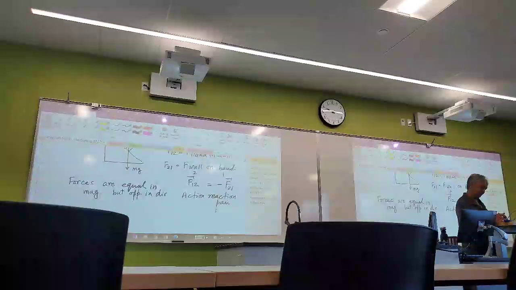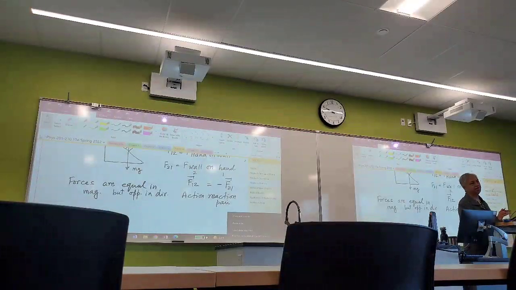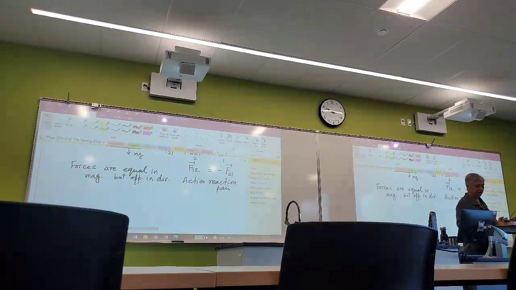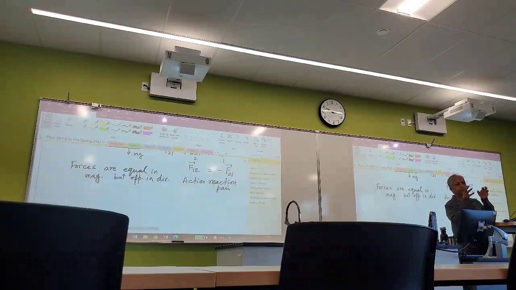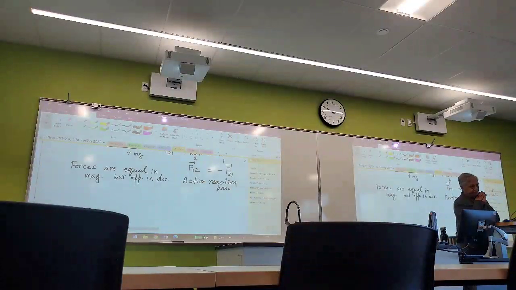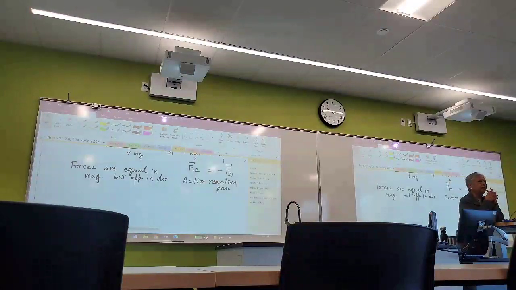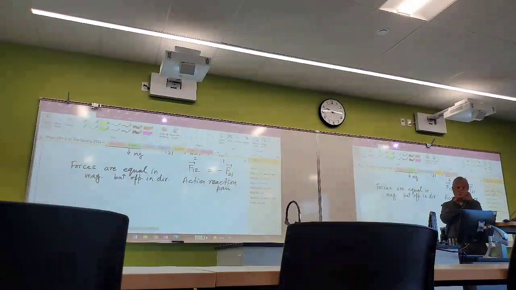And how is this not working? Okay, so it's called an action-reaction pair. I'll do some examples. If you are playing tug of war, there are two teams pulling on the rope, right?